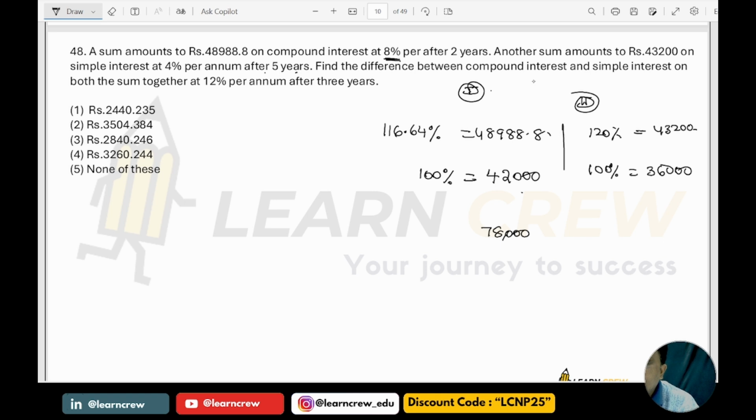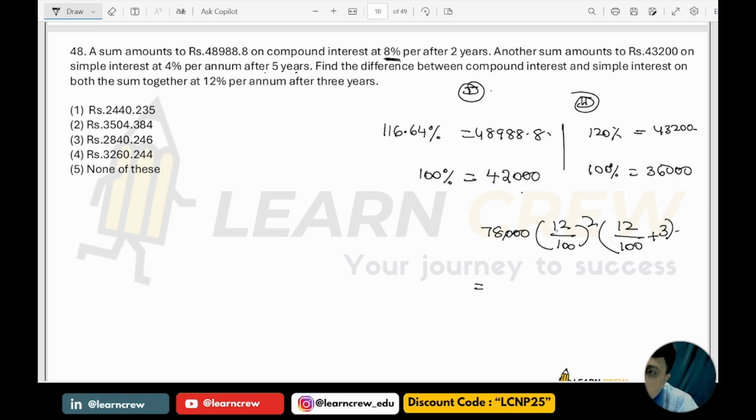The difference between compound interest and simple interest on the sum of these two for 3 years: P into (R by 100) whole square into (R by 100 plus 3). Direct formula you have.